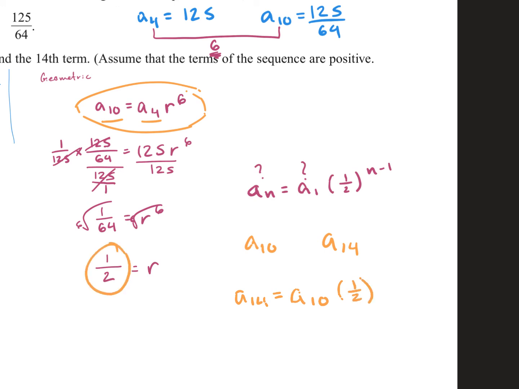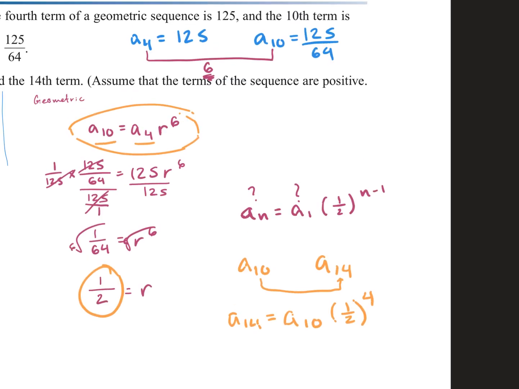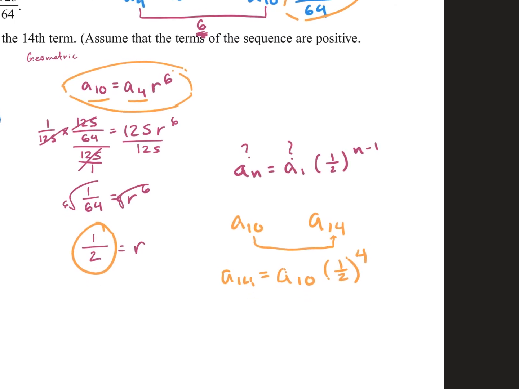How many steps from 10 to 14? 4. And we have what our a sub 10 is. That's 125 over 64. So we just plug that in. So we have a sub 14 is equal to 125 over 64 times 1/2 to the power of 4.